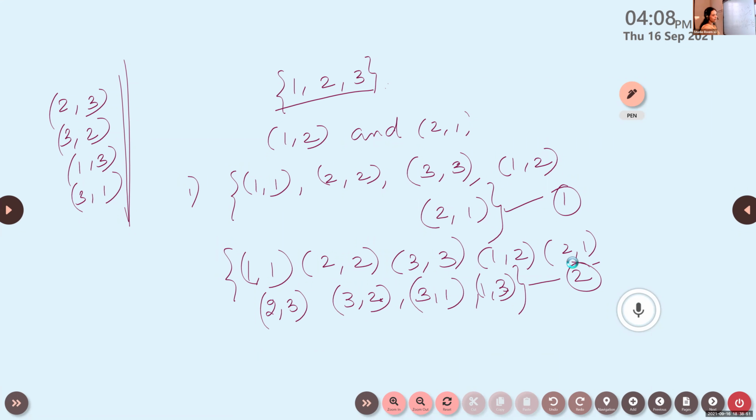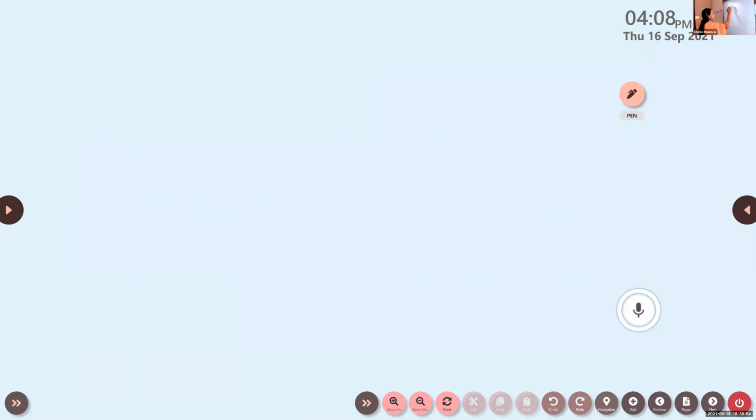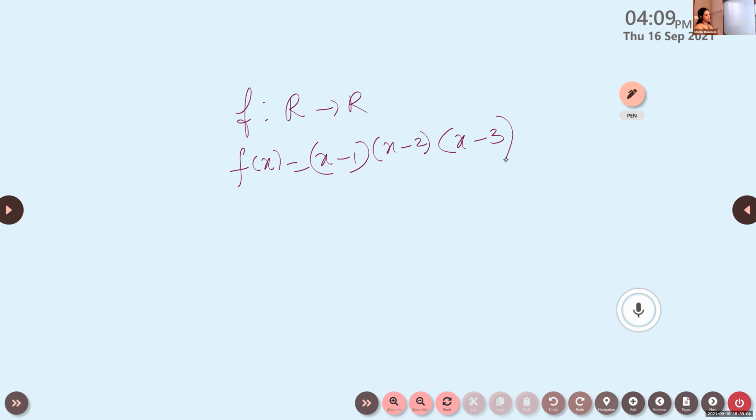The function f from R to R given by f of x is equal to x minus 1 into x minus 2 into x minus 3. Is it a bijection or not? What is your answer?